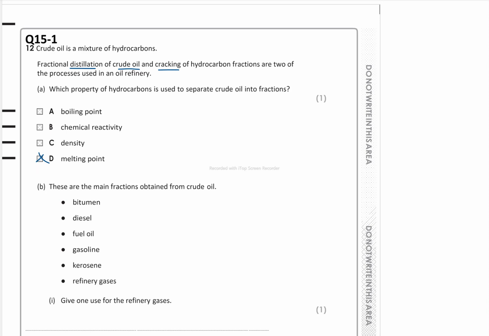Not melting. Oh my god, did I just say melting point? Boiling point. Because you heat it and it then vaporizes and travels up the fractionating column and is collected there. Did I just say melting point? OMG. Right, I need to focus.